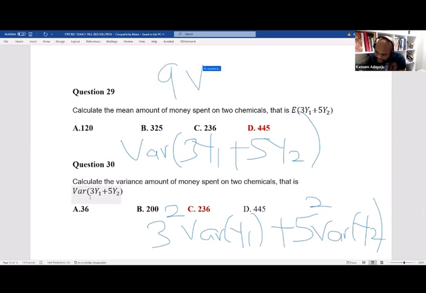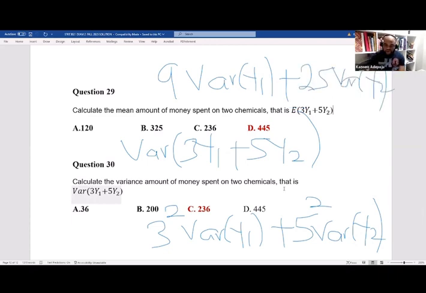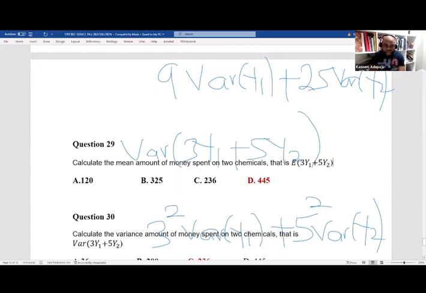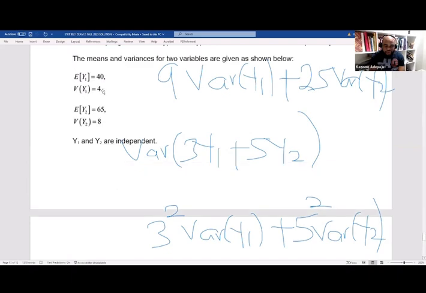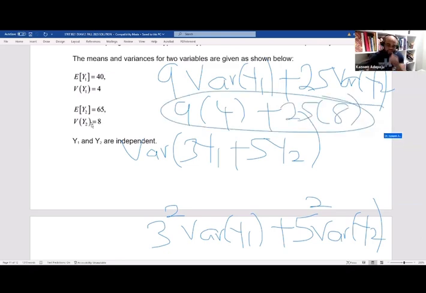So 9 variance of y1 plus 25 variance of y2. Now, you need to go up. They've already given you the variance of y1 and the variance of y2. Can you see here? The variance of y1 is 4. The variance of y2 is 8. So what I'm going to do here is just 9 into 4 plus 25 into 8. Then I'm just going to compute that.